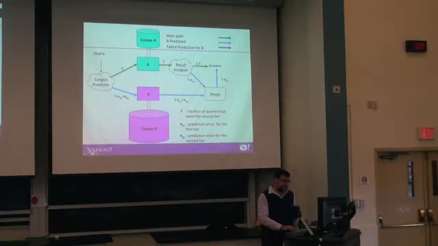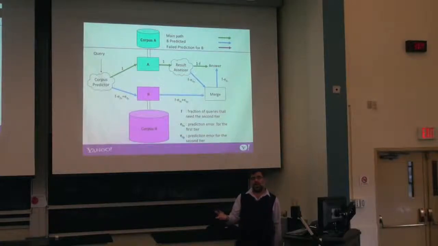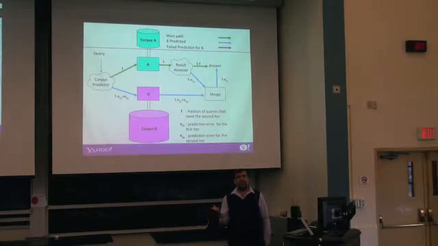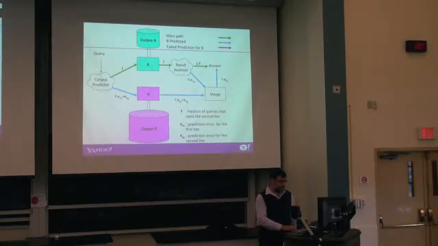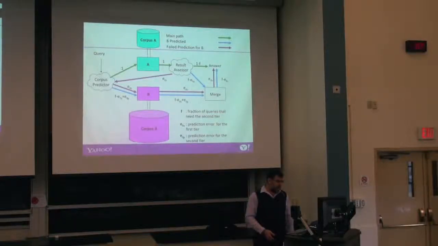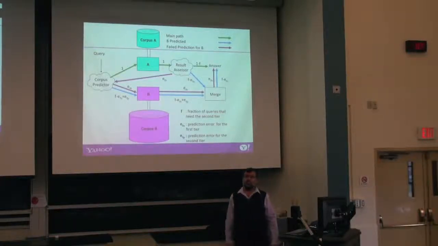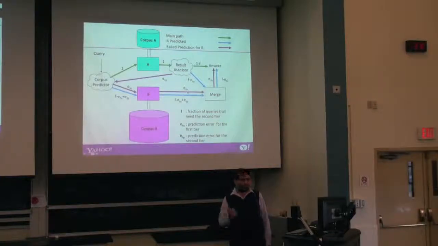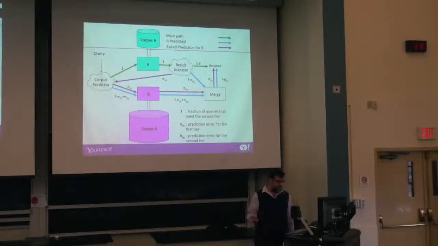False negative is when the result assessor looks at the answer and says, wow, I can't answer because I need answers from the second index, but we don't have them because the predictor made a mistake. So basically, in that case, you need to tell the corpus predictor that it made a mistake, and you can learn from that, so you can learn in time. And then do the query to the second index and merge at the end. So these will be the only ones that are answered in sequential time. All the others will be just the first index or in parallel.